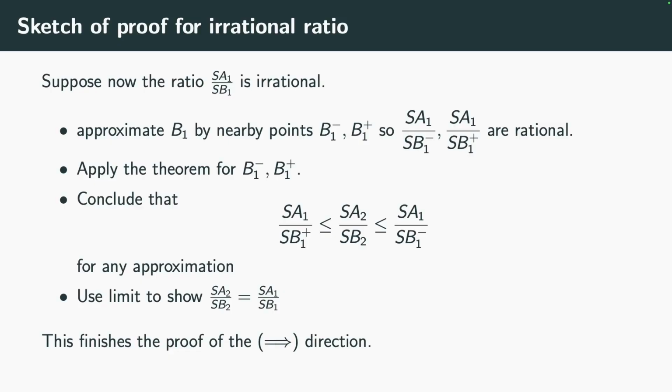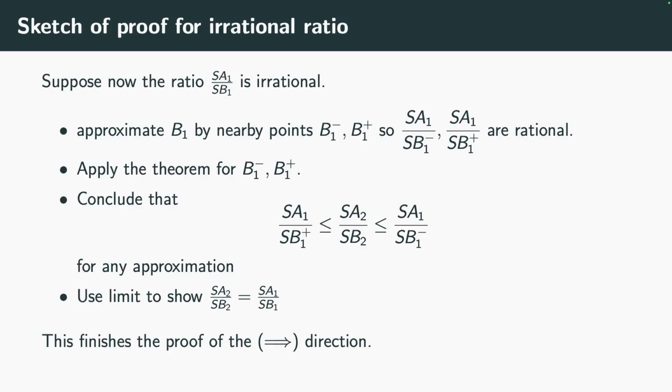So that still leaves the case where the ratio is irrational. Here the trick is we take our point B1 and we put nearby points, and I'm going to call them B1 minus and B1 plus.